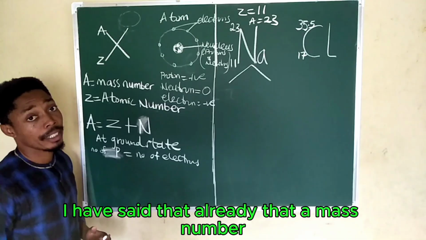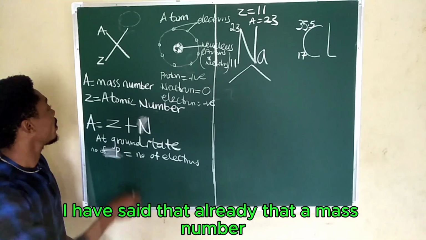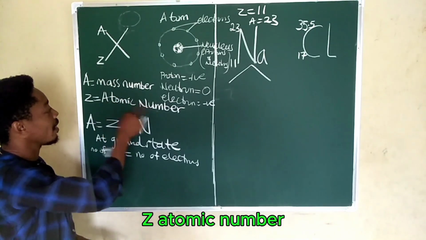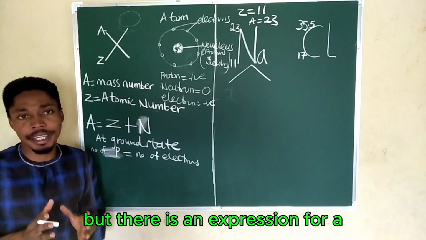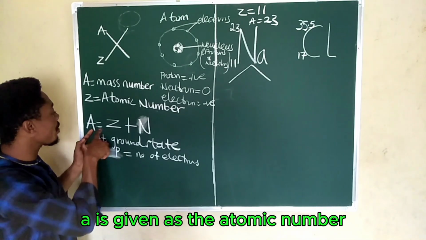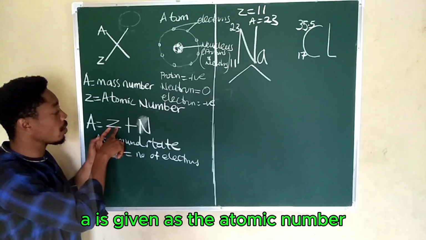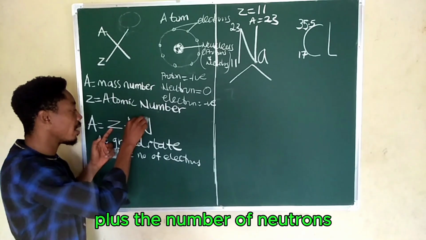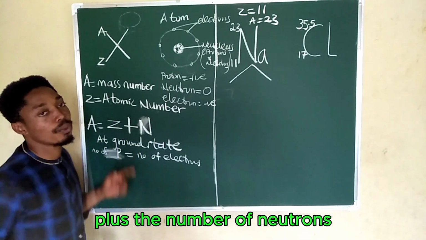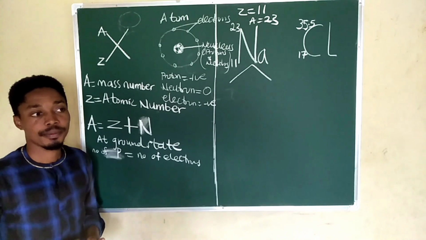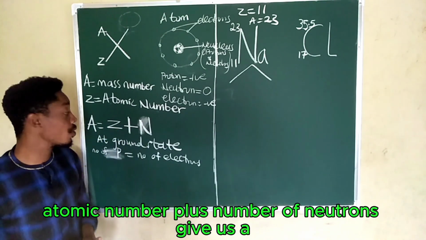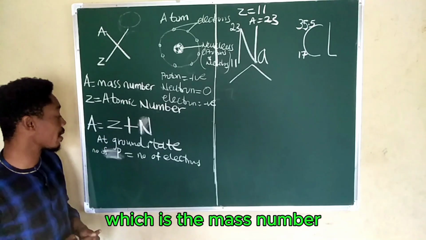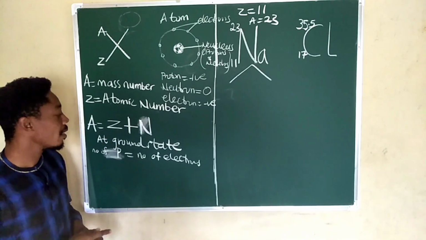I have said that already: A is the mass number, Z is the atomic number. But there is an expression for A. A is given as the atomic number plus the number of neutrons. Atomic number plus number of neutrons give us A, which is the mass number.